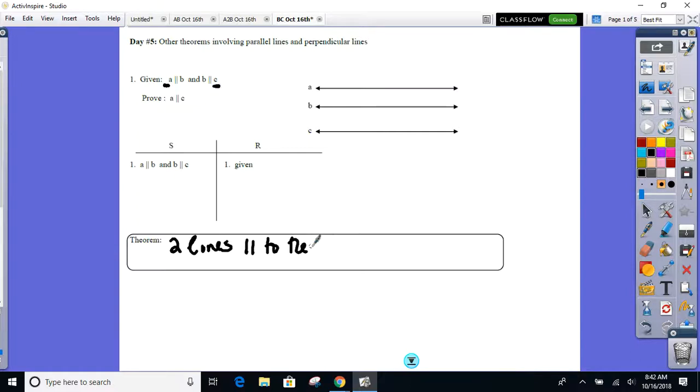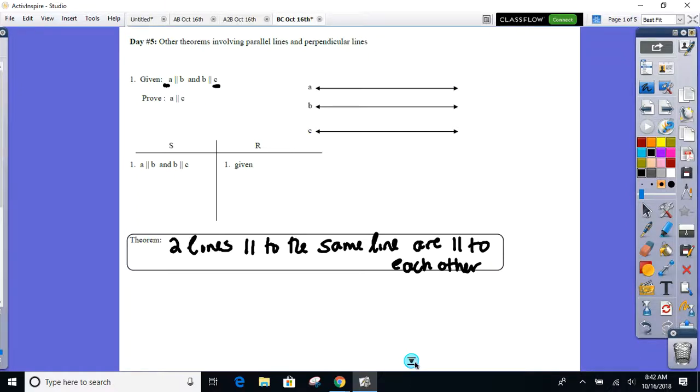Two lines parallel to the same line are what? Don't even say congruent. Are parallel to each other. Not substitution. Substitution can only be used for equal quantities. Two lines parallel to the same line are parallel to each other.